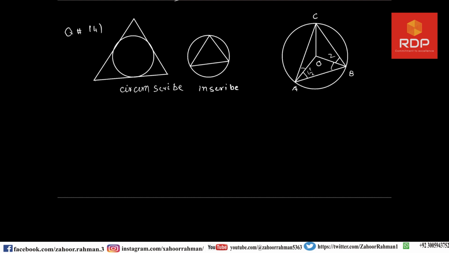So the question is saying, find CAO, which is this angle CAO. Ladies and gentlemen, information is there, but no specific angle is given.